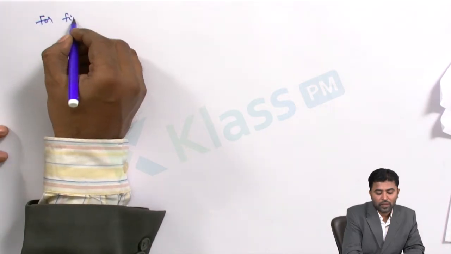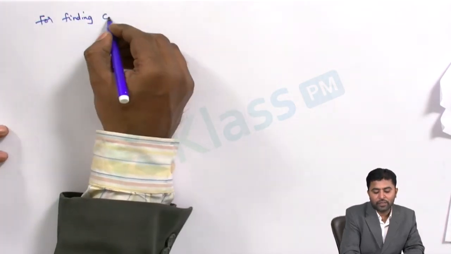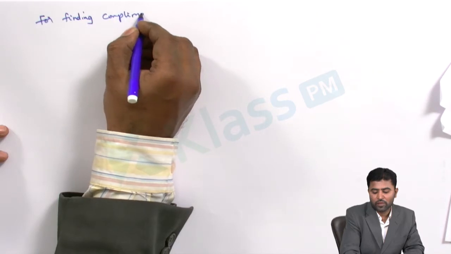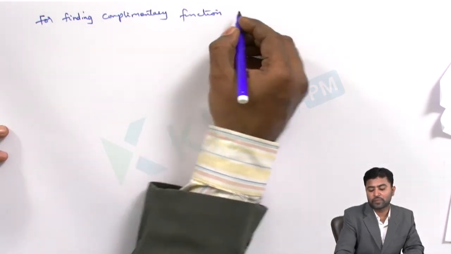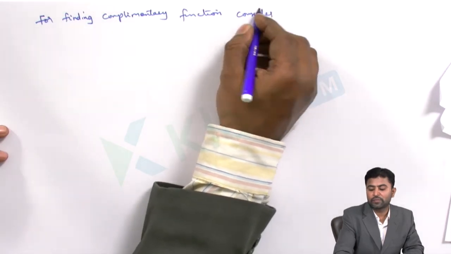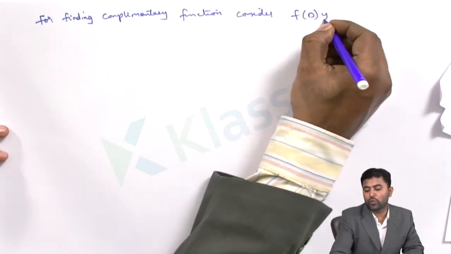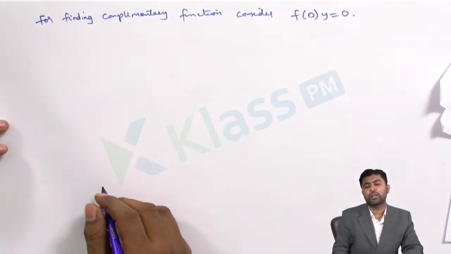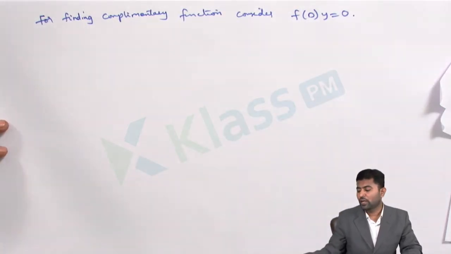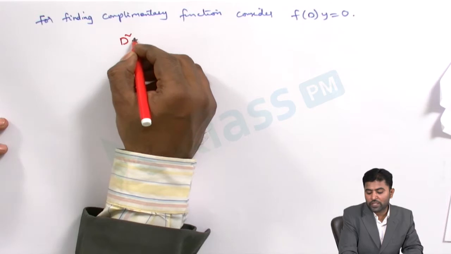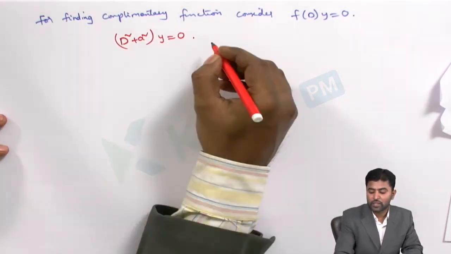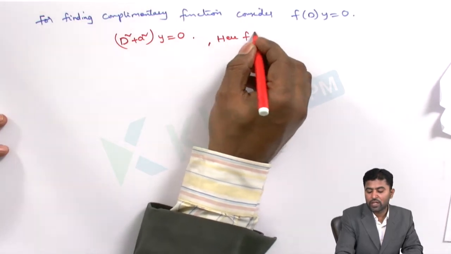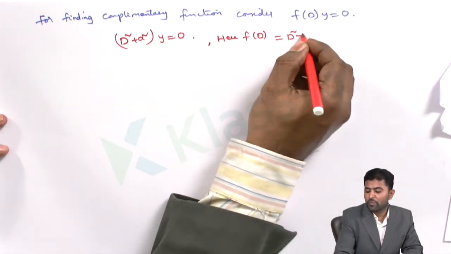For finding the complementary function, consider f of d into y is equal to 0. You have to consider only the homogeneous differential equation, that is d square plus a square into y is equal to 0. Right. Here f of d is d square plus a square.